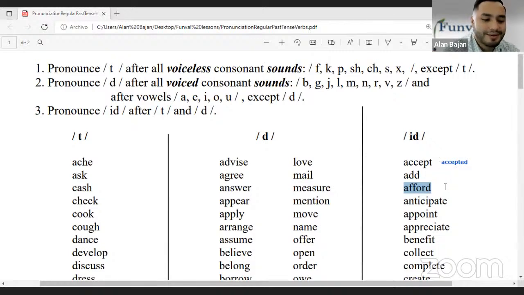Oh, I understand you. Add, added. Afford, afforded. Anticipate, anticipated. Appoint, appointed.